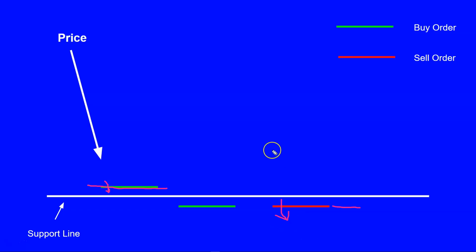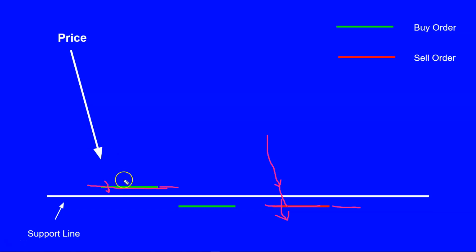A sell stop is where price is above it and you want it to enter when it touches this level. So you may not get exactly that level with a sell stop, because what happens is when price touches this level, you get a market order entered. And so the market order is going to fill wherever the market order fills, just like any other market order. In the case of a limit order, though, it will not fill unless you have a better price than that.